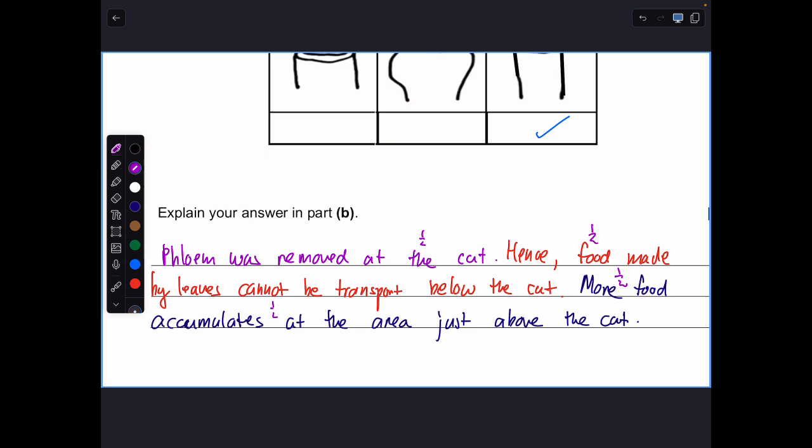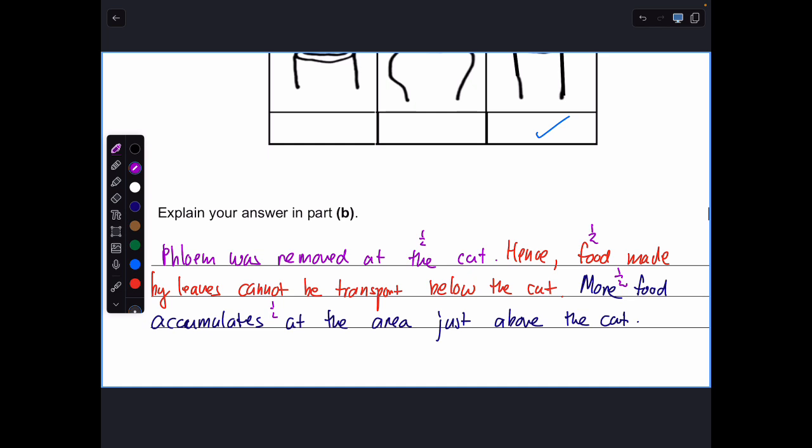It's not enough to just tell me store. Store where? Can store in fruit. Can store in leaves. Can accumulate in the fruit. So you can use the word store, no issues. But you must say more food is stored and stored where?